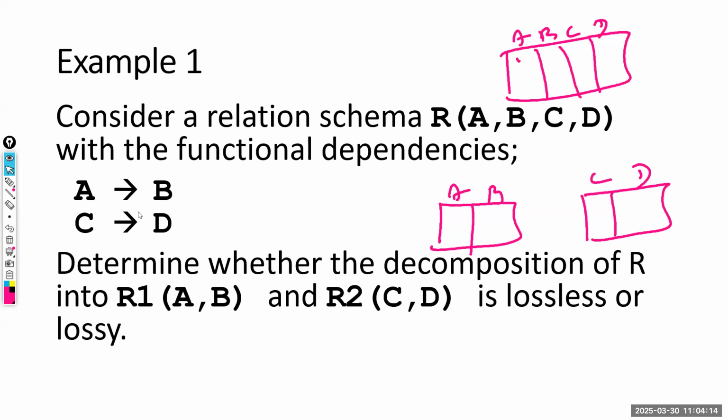But before looking at that, you need to look at these functional dependencies also. A determines B, C determines D. That means possibly A and C are primary keys. Okay, so let's look at the answer in a formal manner.